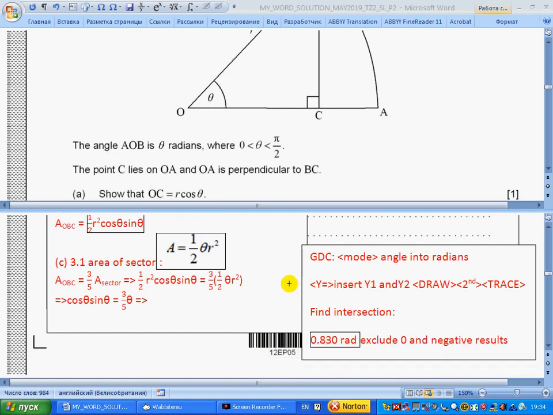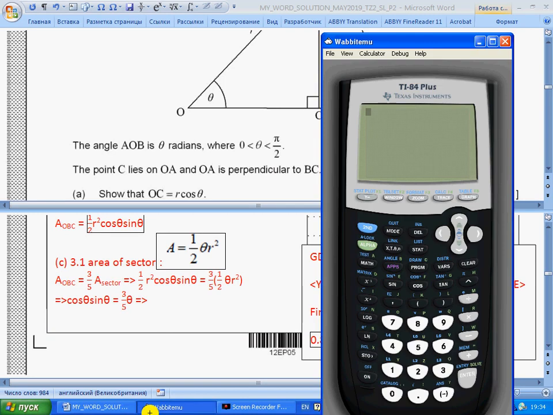Now we should change the angle mode again to radians, insert two functions, and find the intersection. For example, let's do it. So mode, again radian, enter. Now it is radian, very good. Now we go to the function y equals.